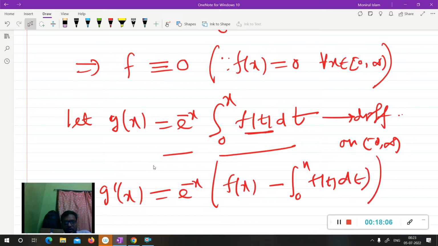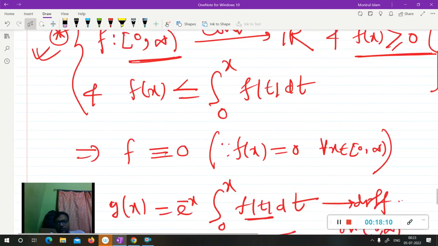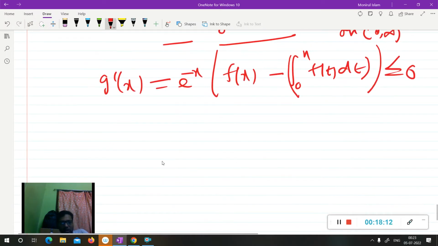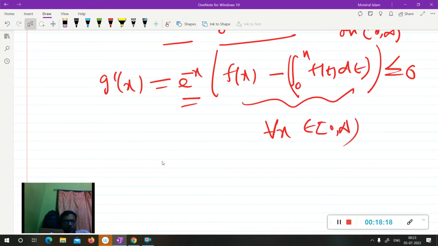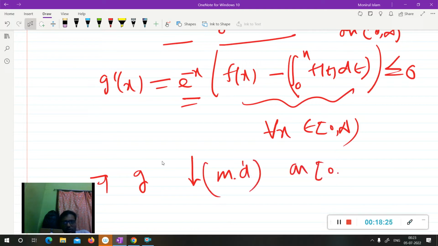By the given condition this is less than or equal to 0 on [0, infinity), so g is monotonically decreasing.